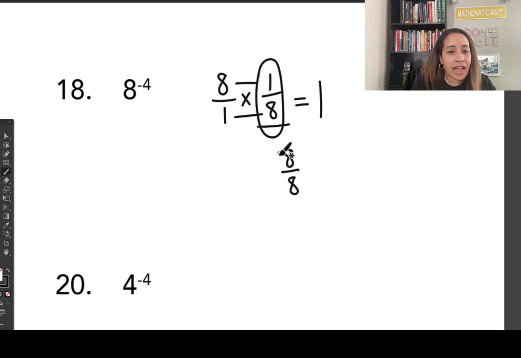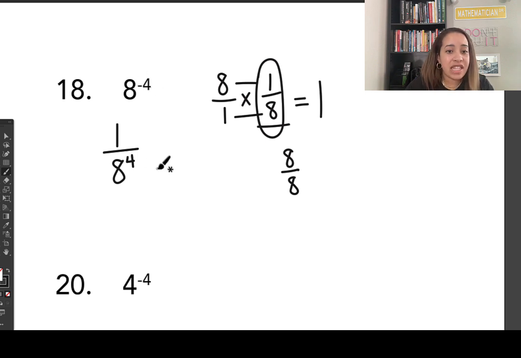When we write our final answer, we always need our reciprocal with our exponent turned into a positive in the denominator. So there's our final answer. You'll see this pattern. It will always end up with a 1 up top, and then it will have the problem that you see in the denominator, and the only thing that we change is the sign.